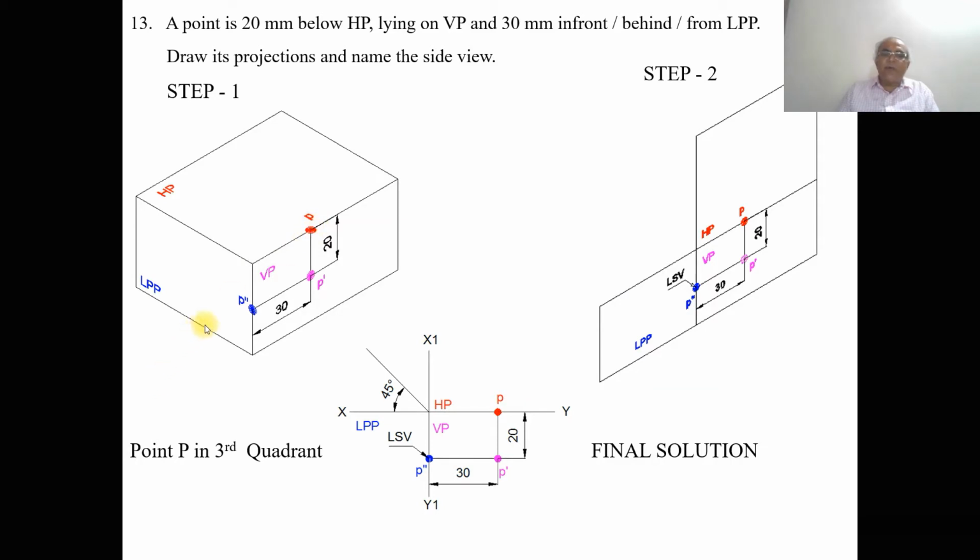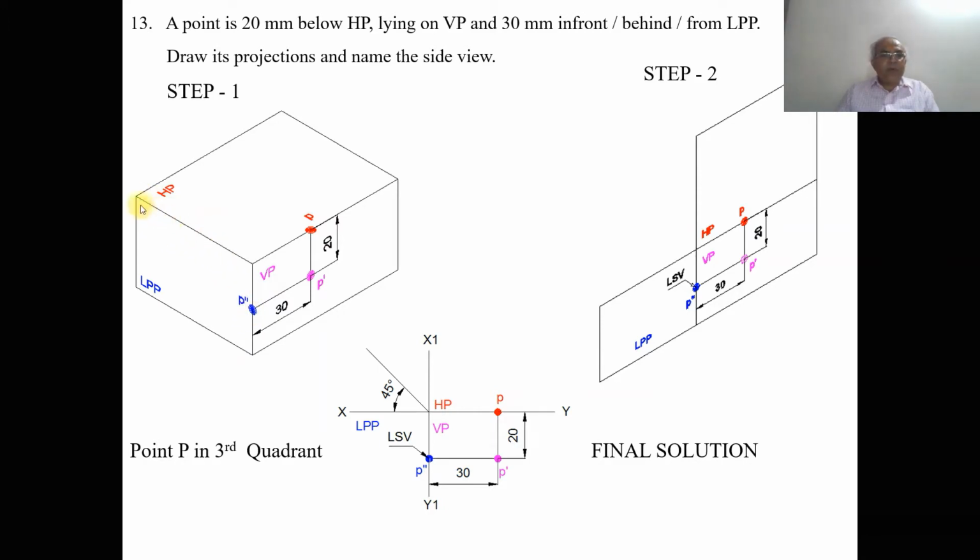When you look from the side view, on the line from the front view you are going to get this side view. Also we can see on VP, it is below HP, so you are going to get it on VP, that is P dash, and it is on VP, so obviously this should be on the XY line or X1Y1 line.